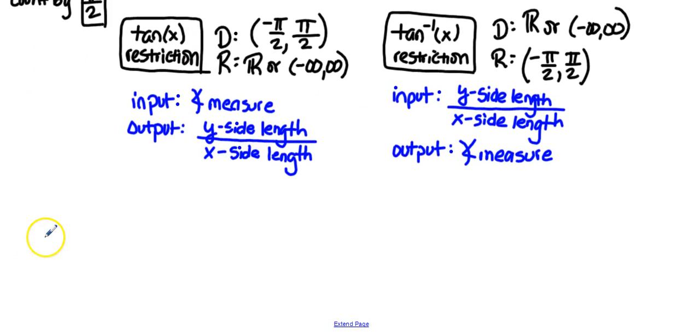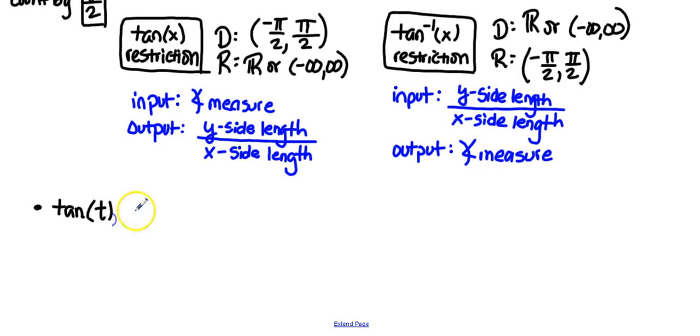Just like we've done up to this point. So press pause. This blue piece is super important, just like it was super important for inverse sine and inverse cosine. Before we can start looking at examples, we have to reason, what does this mean for where we are in the unit circle? So let's get that in our minds.